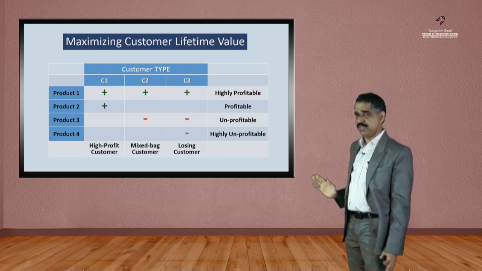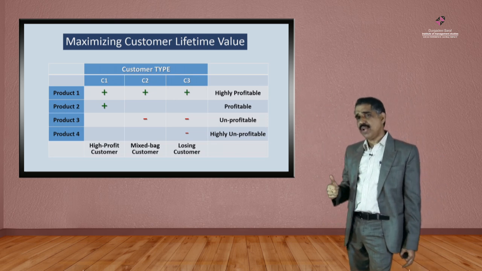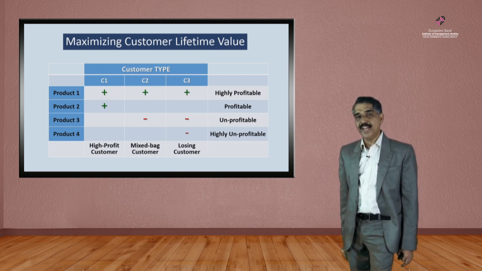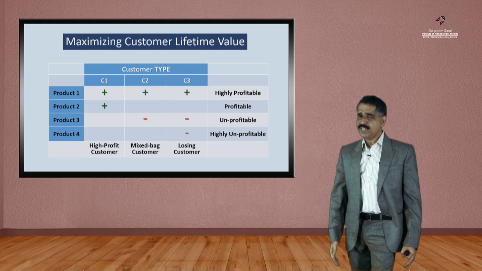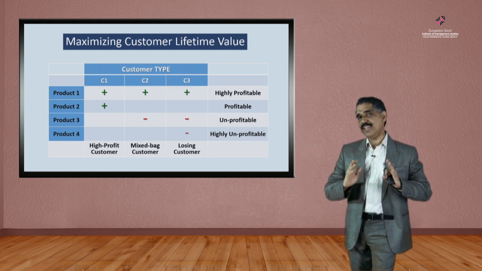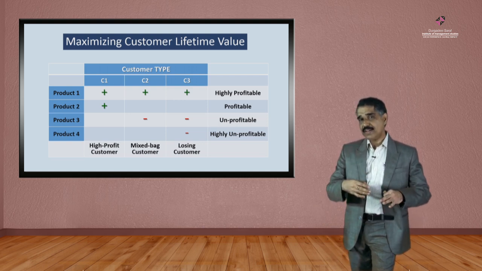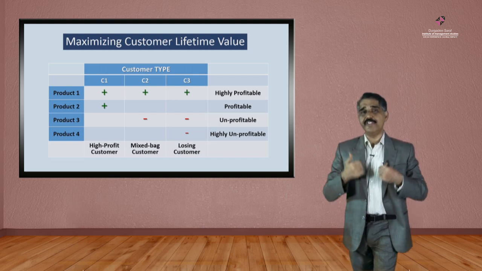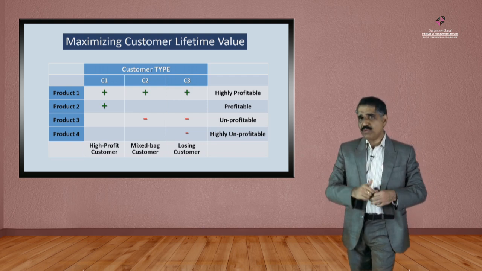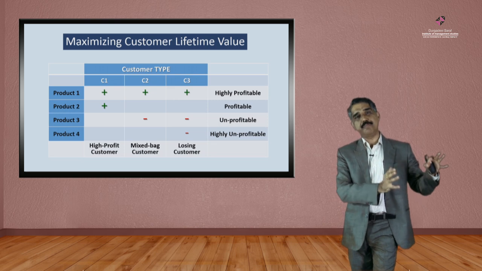Now I am coming to the middle. You have a customer who buys one highly profitable product and other unprofitable products. Now this is a big challenge for any marketer. You want the consumer buying a product that gives you profits. At the same time, you can't have all products that are profitable.